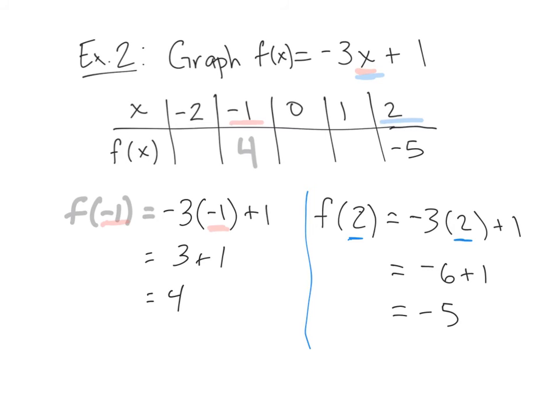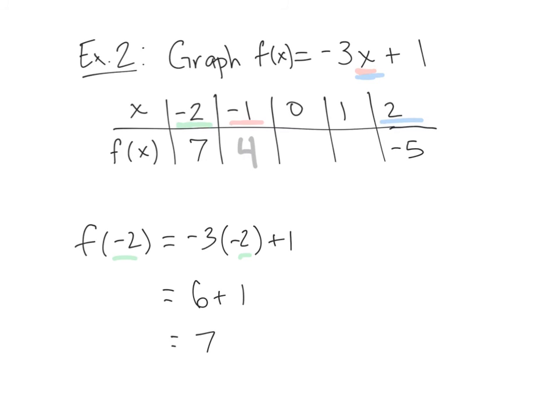So on the other ones, let's start with -2. So go ahead and plug in an input of -2 and enter your answer when you find that output value. All right, so taking a look at that one, I plugged in -2 for my x value. -3 times -2 makes a +6, plus 1 makes 7. So my output value at that x value of -2 is going to be a +7.